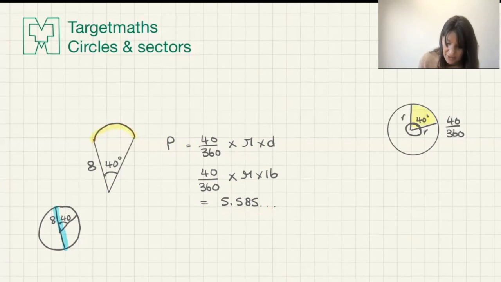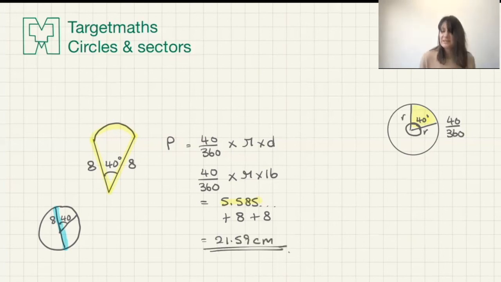So that is what that number represents, just the arc. I need to add on 8 plus another 8 so that I end up going all the way around the outside. And that gives me a final answer of 21.59, that's to 2 decimal places, centimeters.